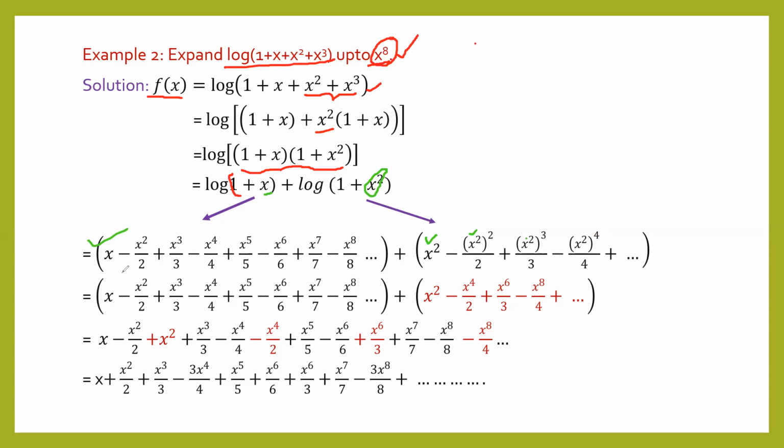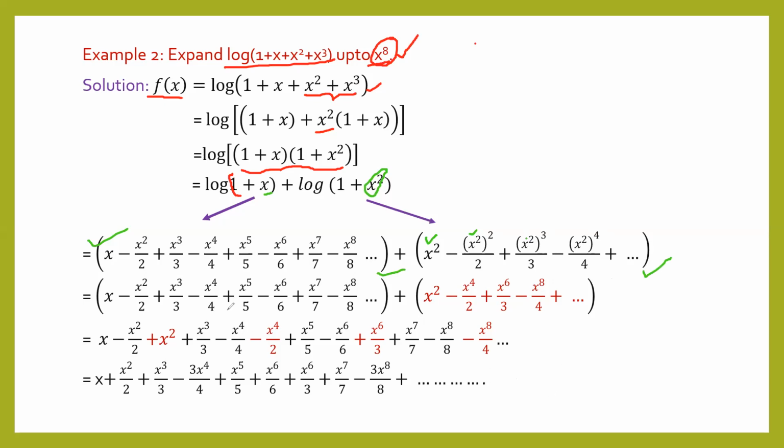And now we have to simplify these two brackets. To simplify these brackets, first simplify the second bracket: x square, x raised to 4 upon 2, x raised to 6 upon 3, x raised to 8 upon 4, and so on. Now we have to arrange this in increasing order of x.